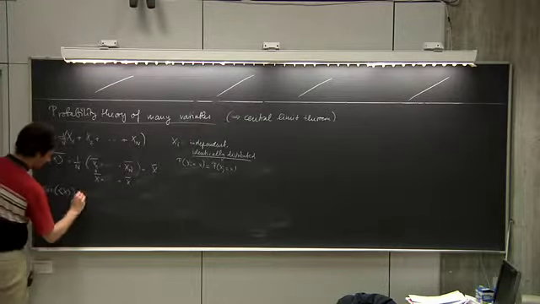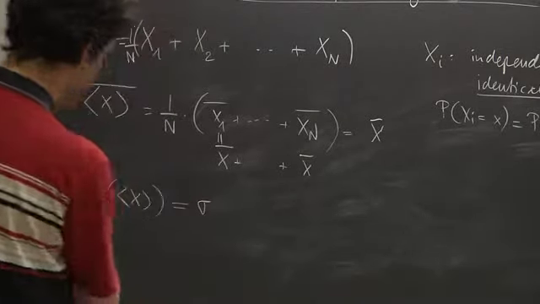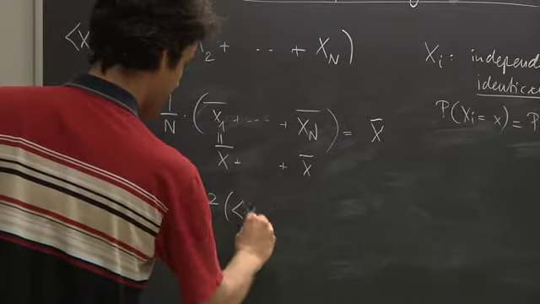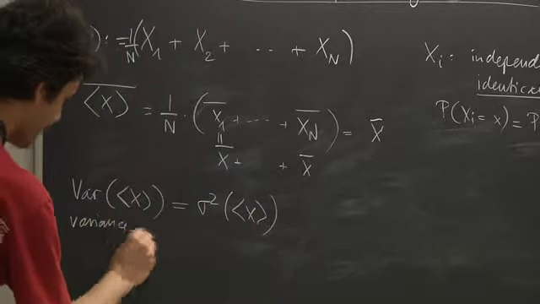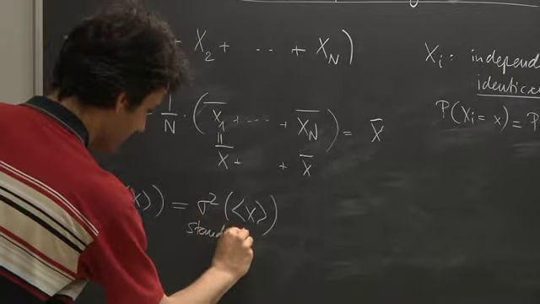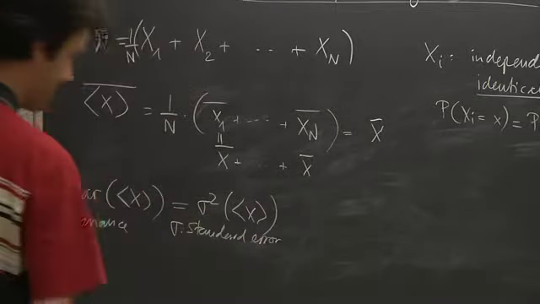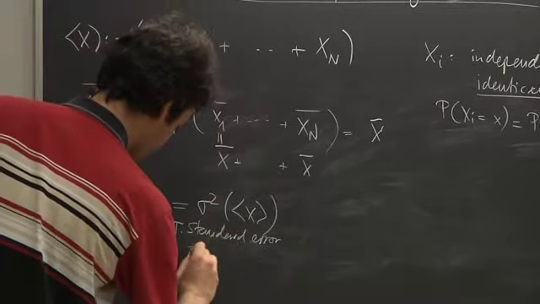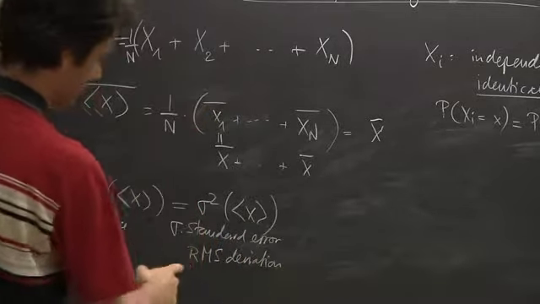Okay, by definition, the variance is also sometimes, I don't know, did you use this notation, sigma squared of, so this is called variance or standard error squared, squared error. So sigma is called standard error, or this is also called root mean square deviation.